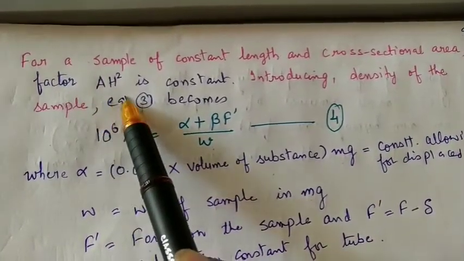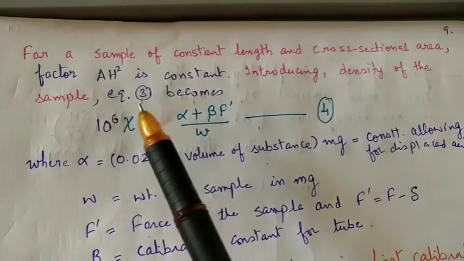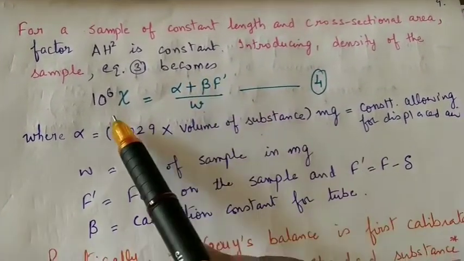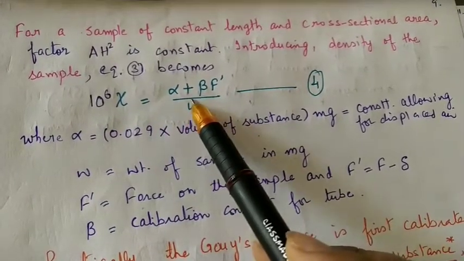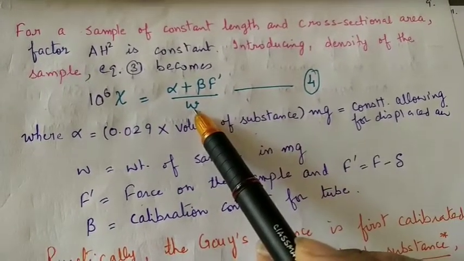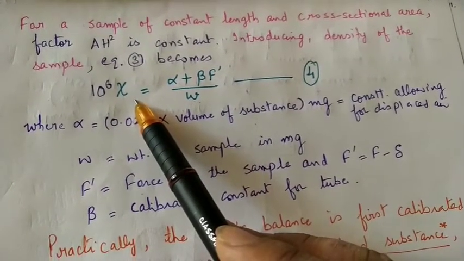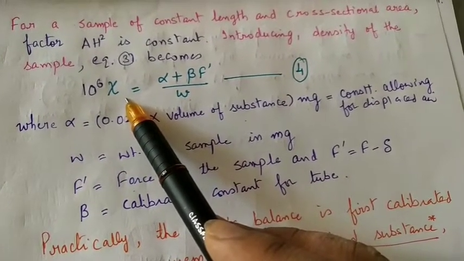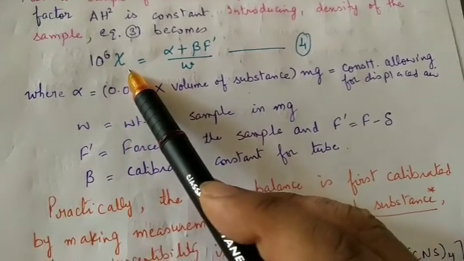Now we know that the term A H squared is constant. Introducing the density of the sample, the equation will become 10 raised to power 6 chi equal to (alpha plus beta F dash) upon W. Here chi is the specific susceptibility, and we have converted the volume susceptibility to the specific susceptibility.